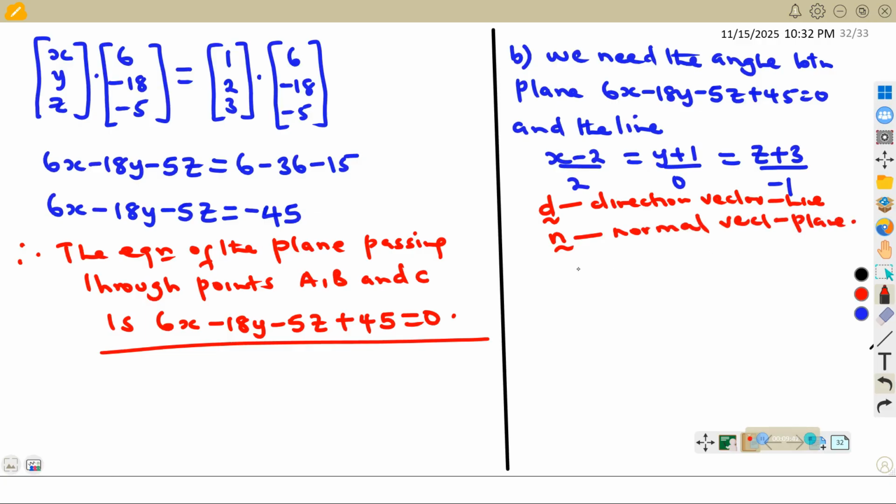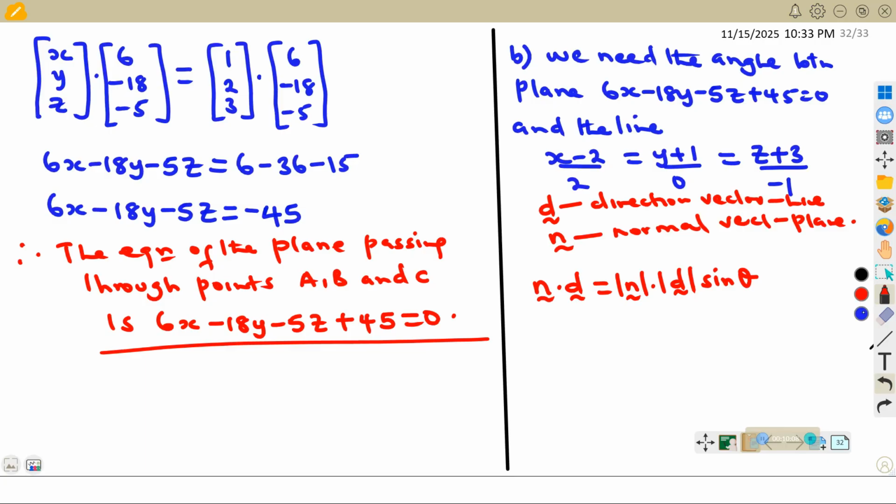Then n dot d is equal to the magnitude of n times the magnitude of d times the sine of the angle. If the angle is between a plane and a line, here we use a sine.